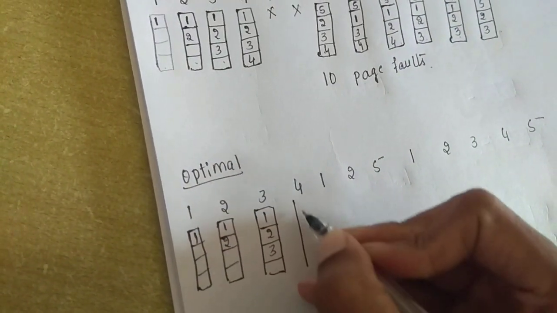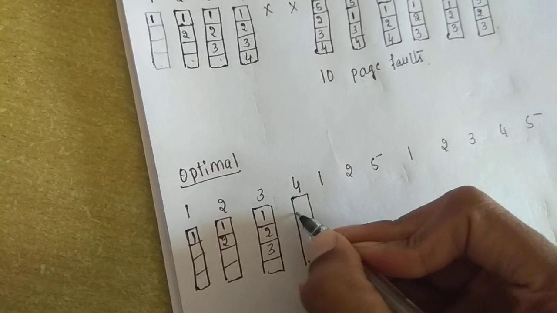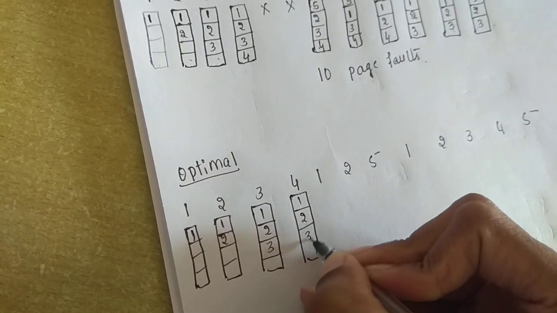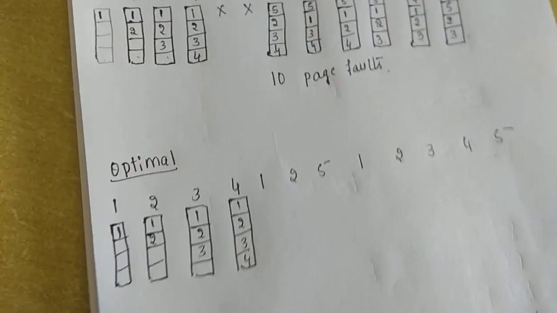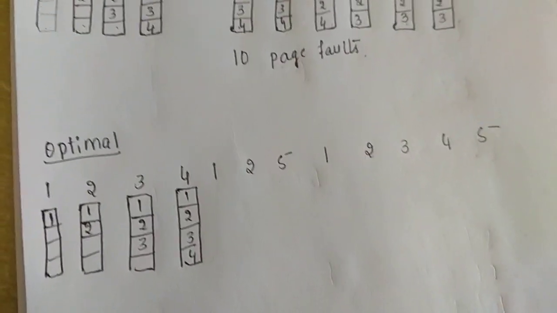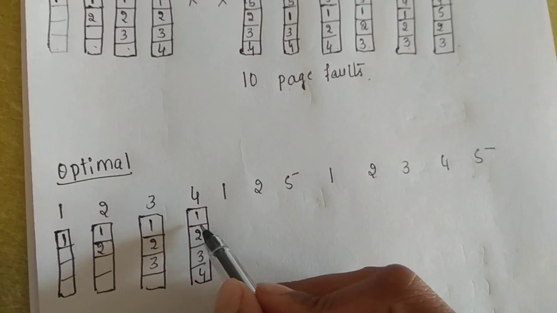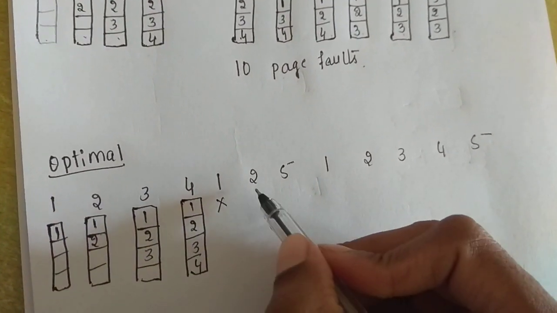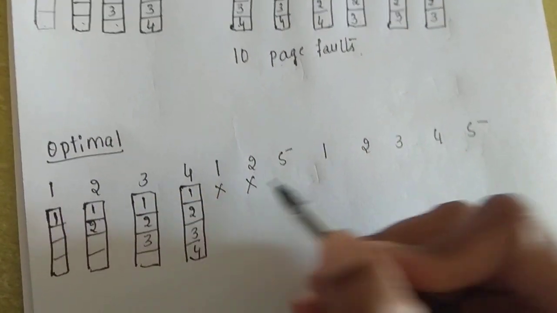Next the fourth element: 1, 2, 3, 4. After filling out the frames, you need to apply the algorithm now. So 1 is already in the frame, I don't want this one. 2 is also there, I don't want this one.